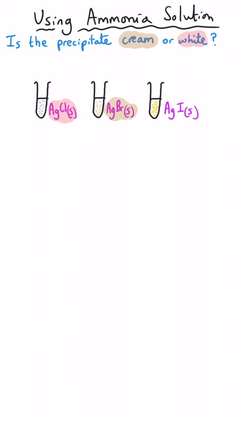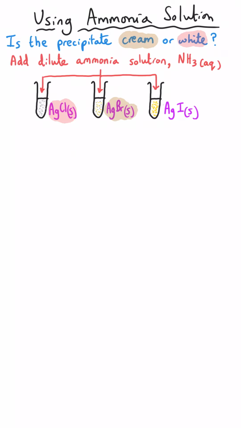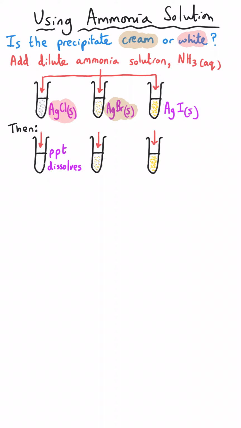The chemical that we use to do this is ammonia solution. Dilute ammonia solution is first added to your test tube containing your precipitate. After you give it a bit of a swirl around, that precipitate will dissolve and therefore go back to being a colourless solution if that precipitate was the white silver chloride precipitate.